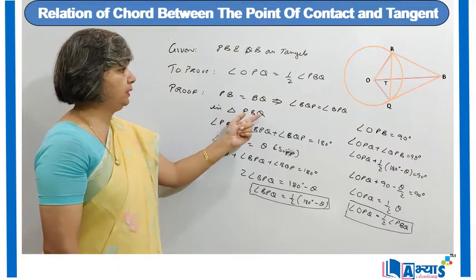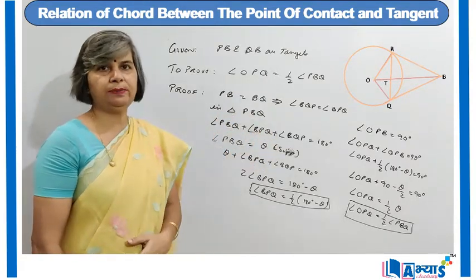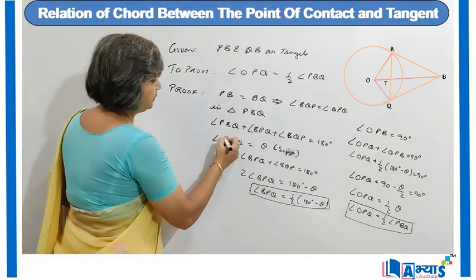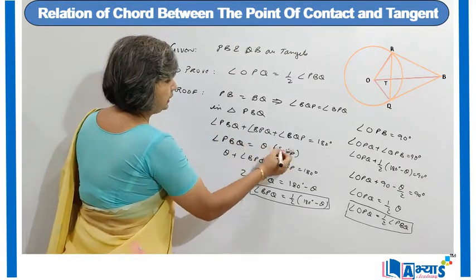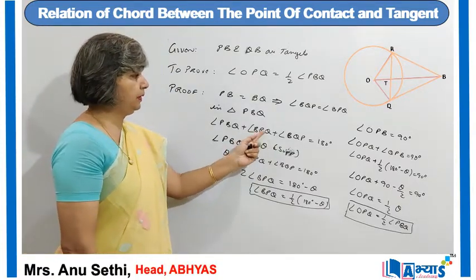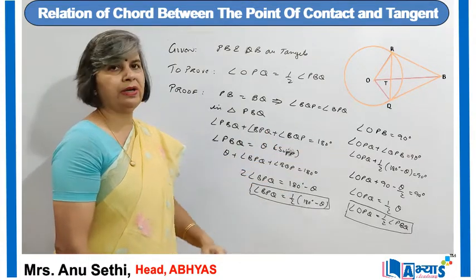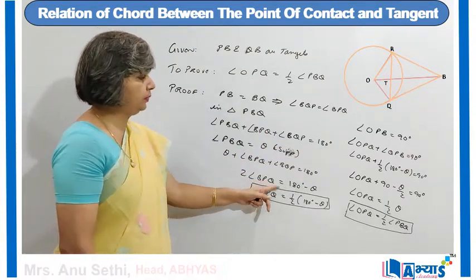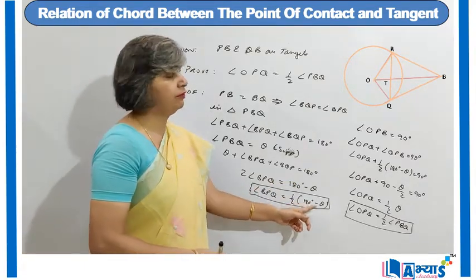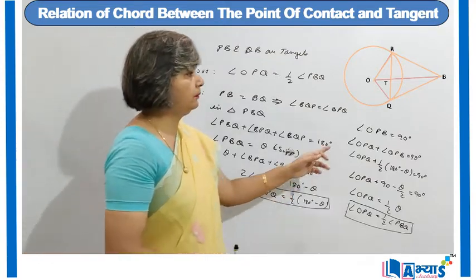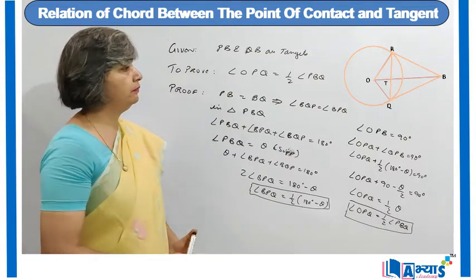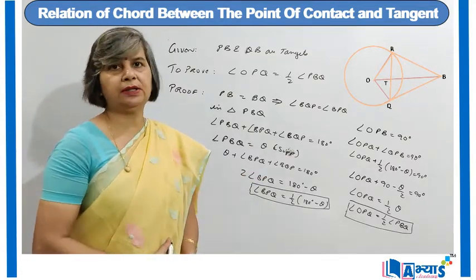Now in triangle PBQ, the sum of three angles will be equal to 180 degrees. We have supposed that angle PBQ be theta degrees, that is the angle between the two tangents. Now theta plus angle BPQ plus angle BQP is equal to 180 degrees, or 2 times angle BPQ is equal to 180 degrees minus theta, or angle BPQ is equal to half of 180 degrees minus theta. Now we know that OPB is equal to 90 degrees, because the tangent makes an angle of 90 degrees with the radius.